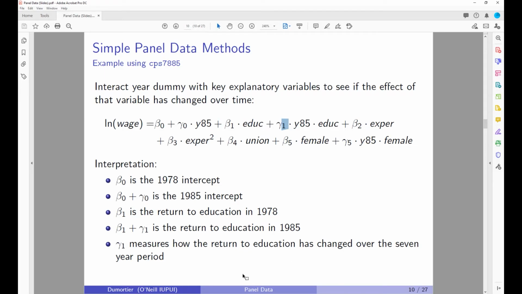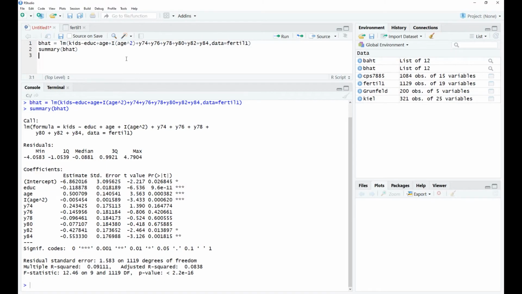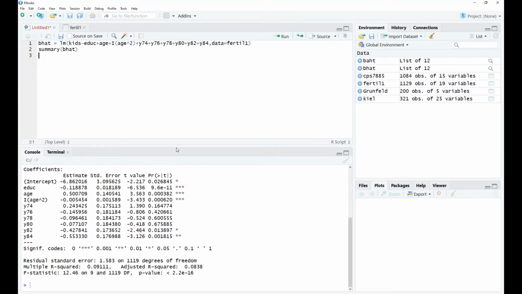So if we estimate the model in R, note that again we have loaded the data in CPS 7885. We can estimate the following model. We can write B hat equals LM, and we have the logarithm of wage.